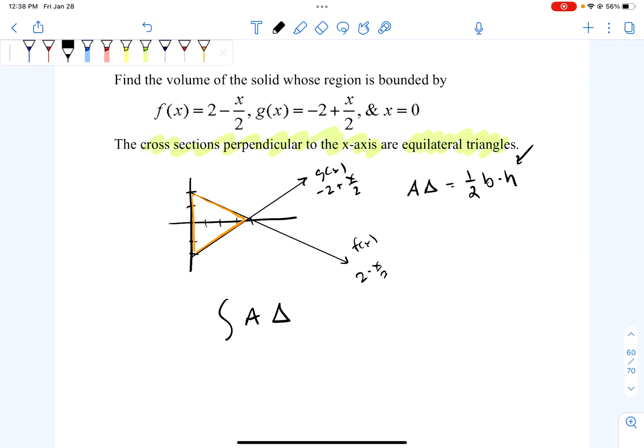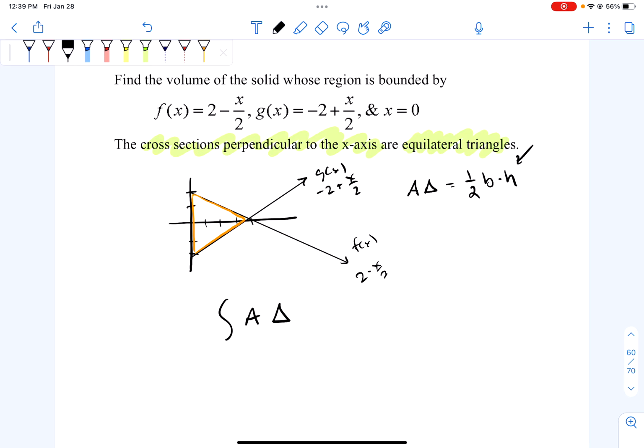And in fact, my height is going to change as I take my integral and my base changes. So I need to come up with a formula that doesn't have base and height. I need to do this with only the base. I'm going to walk you through one of these. We're not going to do this every time. In fact, some of these formulas you'll start to memorize pretty well.